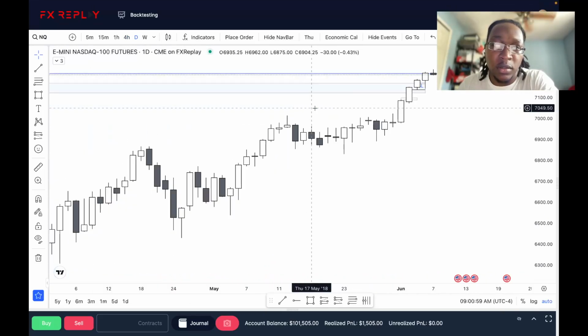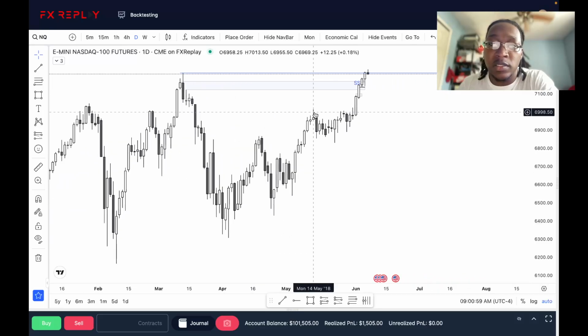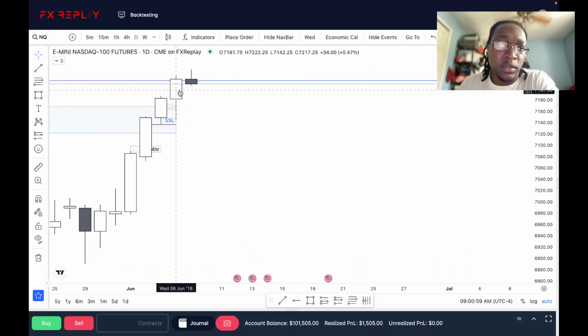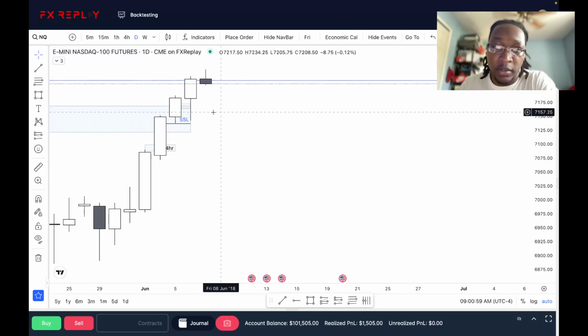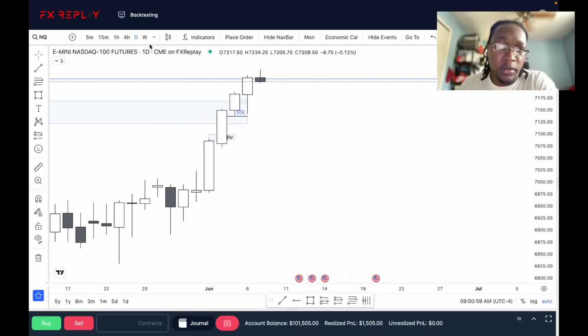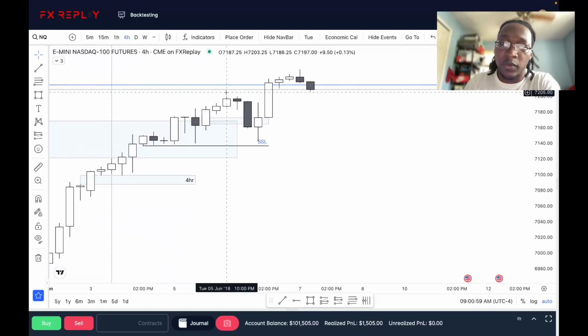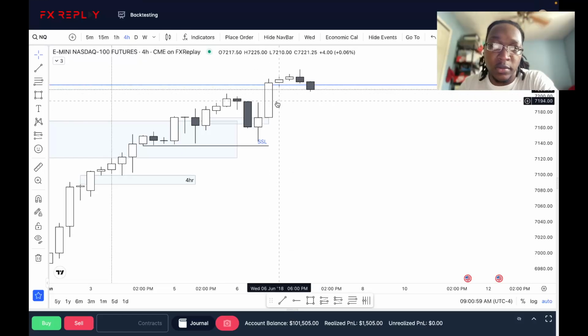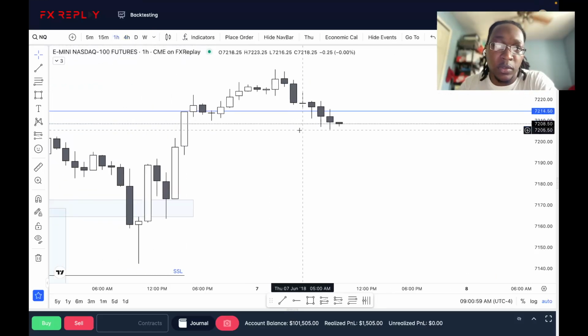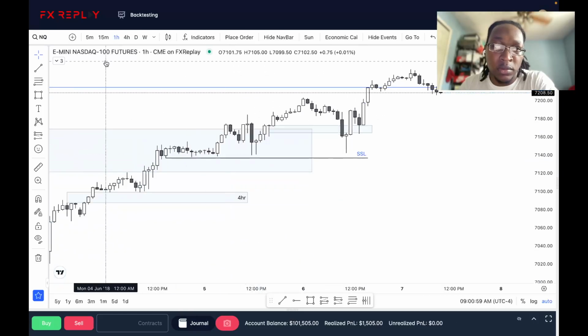On my daily chart, we took out buy side, so now we're at all time highs. And because of that, I may want to look at another pair. But now we can go from external range liquidity to internal. After sweeping out major buy side liquidity, we can go from external to internal.